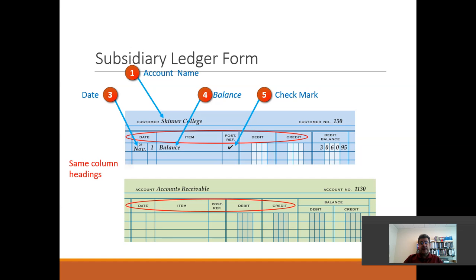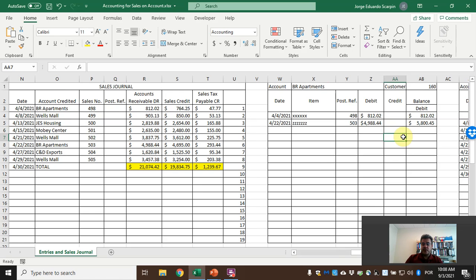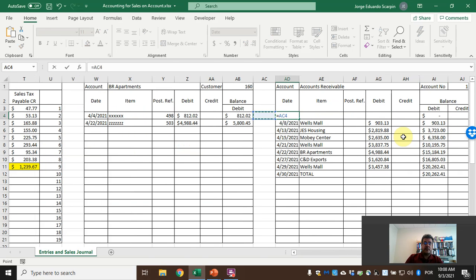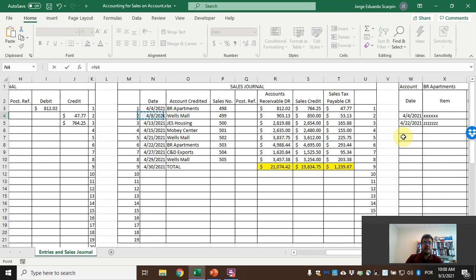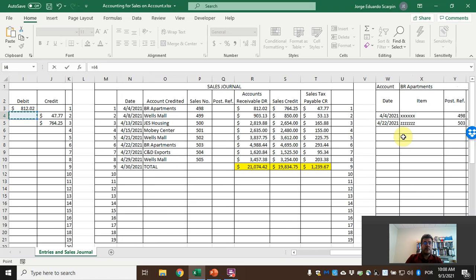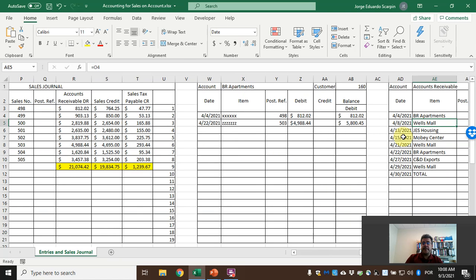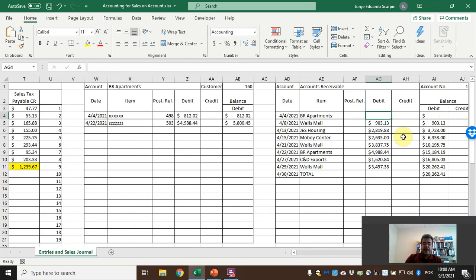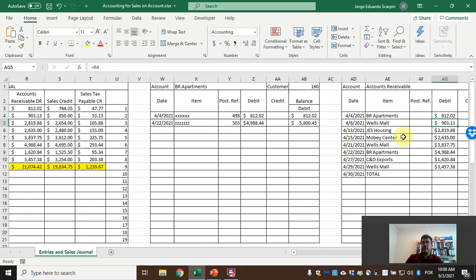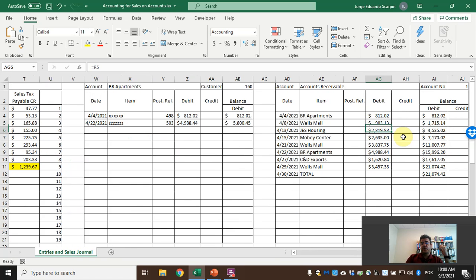And the last one, accounts receivable. So accounts receivable here. This one, April 4th. BR Apartments. And debit, our total debit here. Accounts receivable 812. We have no receivables here.